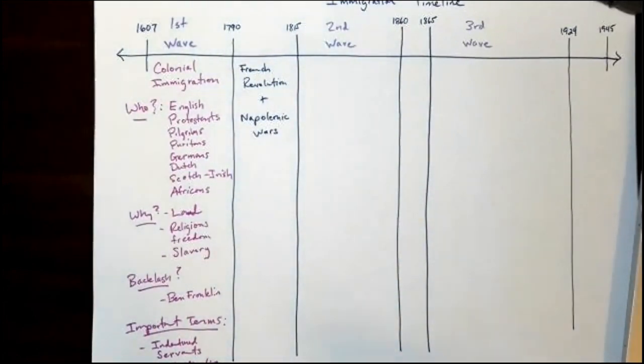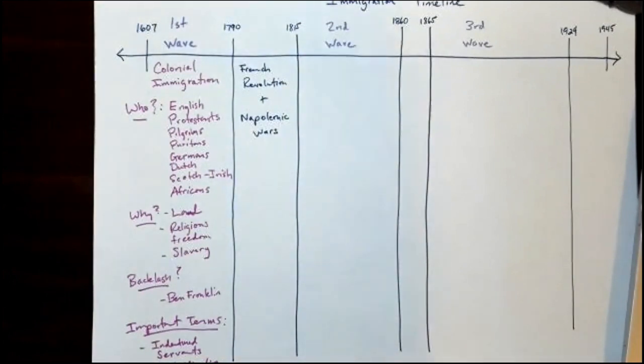Because there was so much turmoil happening in Europe and then eventually here in America, there really weren't a lot of opportunities for immigrants to come to America in large numbers. And so essentially immigration dwindles.